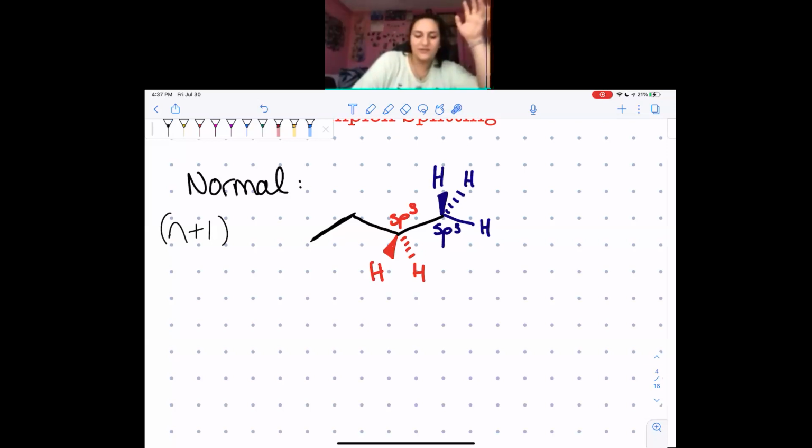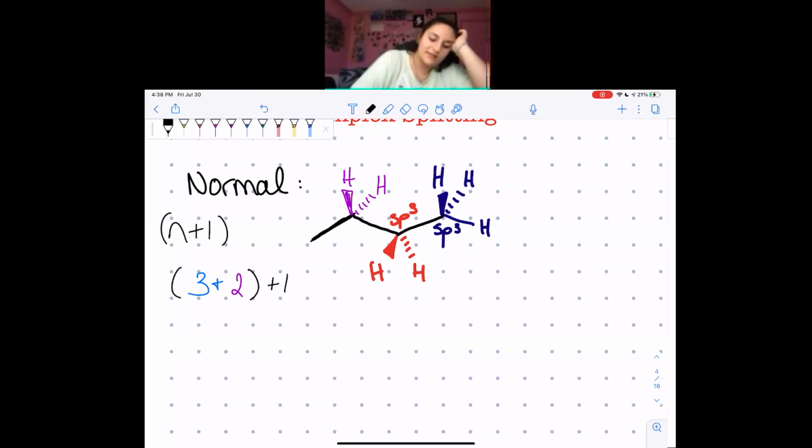So don't be confused, I just added a carbon here. For the red hydrogens, we are going to count the number of neighbors. So there are 1, 2, 3 blue neighbors, plus we have 2 neighbors here that I can draw out in purple, plus 1. So this guy is a triplet.